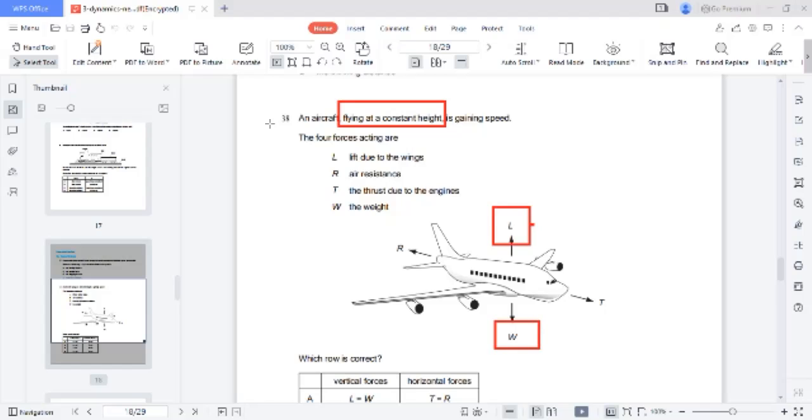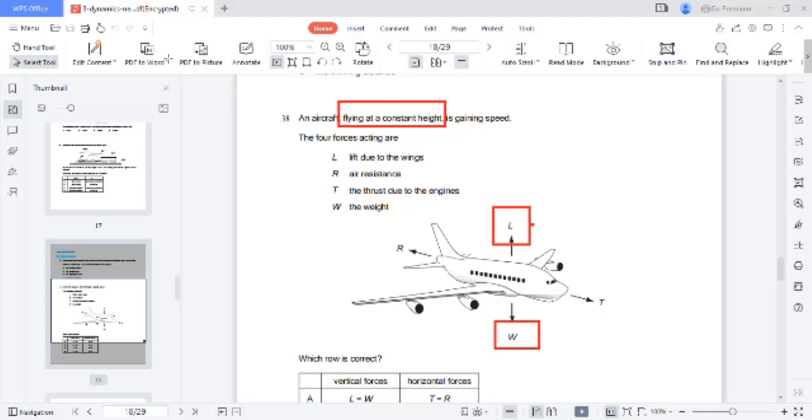Neither the lift is large. If the lift were large, it would go upward. If the weight is large, it would go downward. So flight at a constant height means its lift and weight are almost equal. There is no difference. That's why it is flying at a constant height.